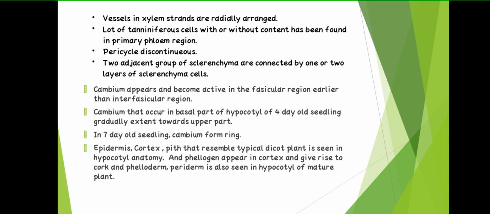In a 4-day-old seedling the cambium gradually extends towards the upper part, and in a 7-day-old seedling this cambium usually forms a ring. This anatomy of the hypocotyl resembles a typical dicot plant having epidermis, cortex and pith, and the hypocotyl also possesses phellogen, periderm, etc.